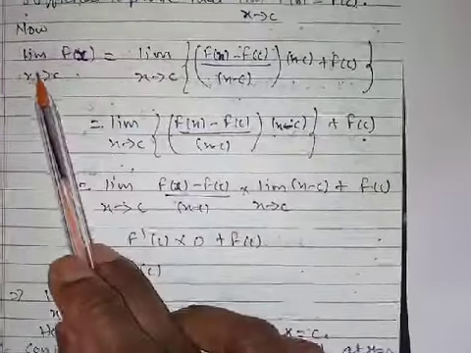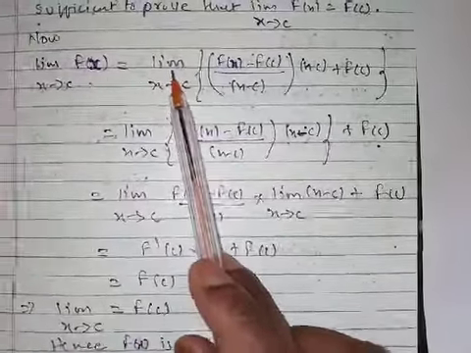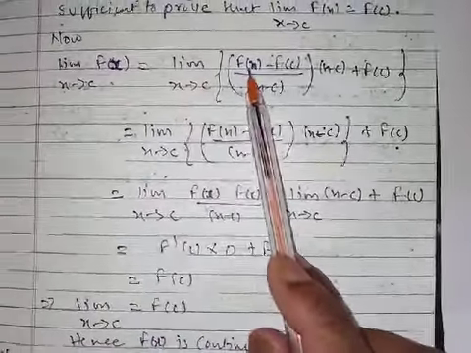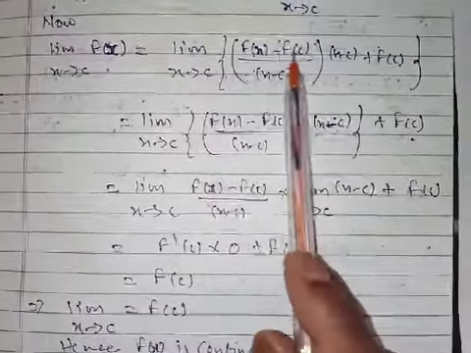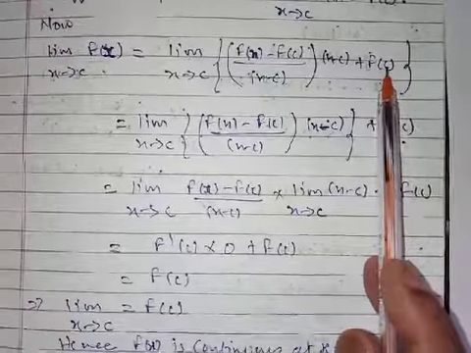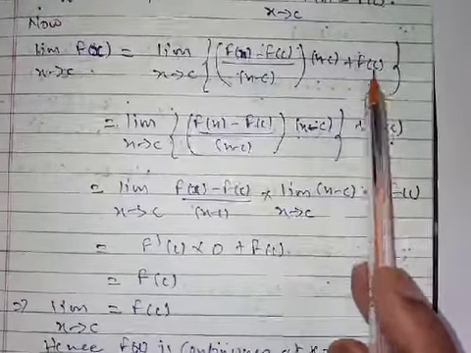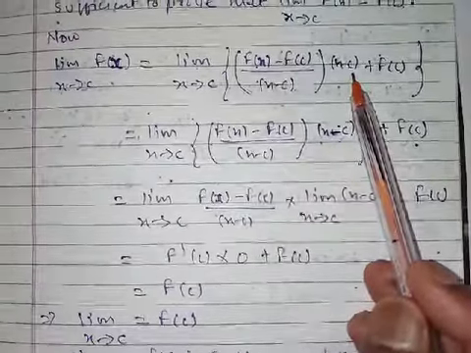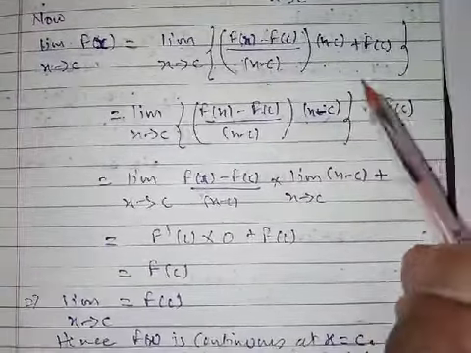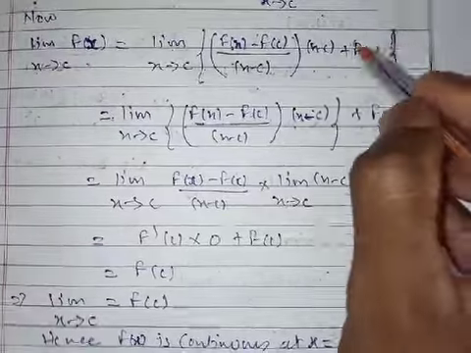So limit x tend to c, f of x. Here we want f of c, so I have written minus f of c and plus f of c, multiplied and divided with x minus c. Now apply the limit. This is outside the bracket.